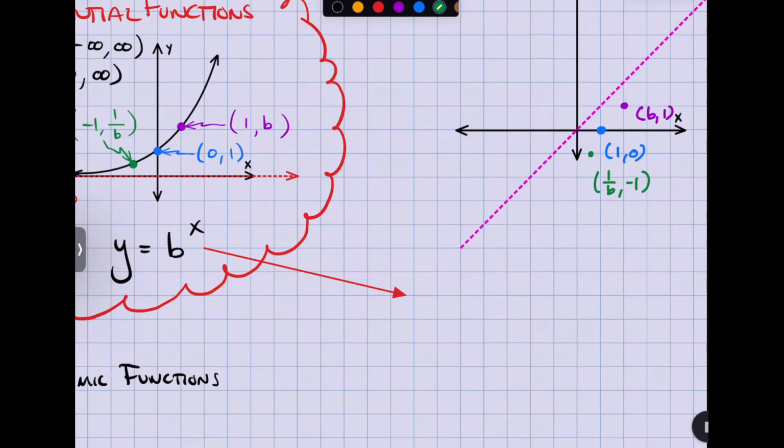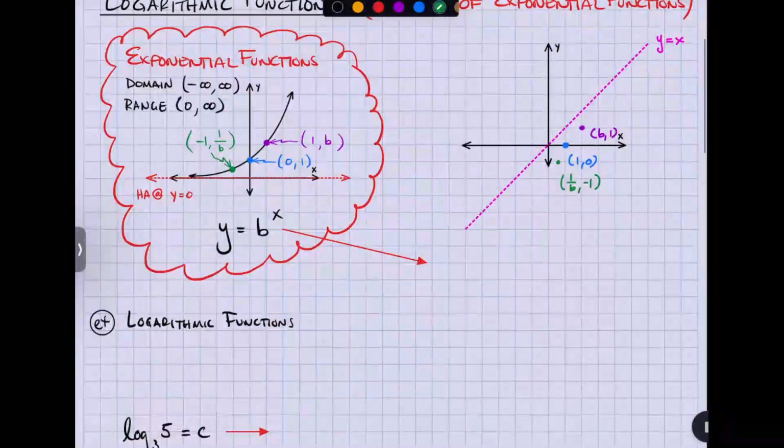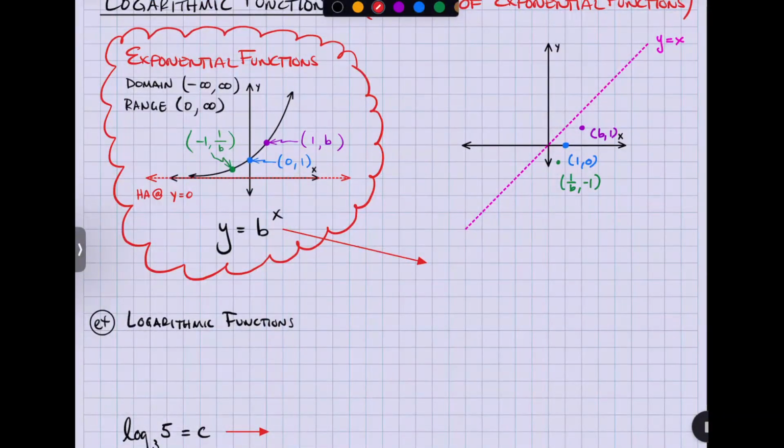What happens to my horizontal asymptote? What's that going to be now? It's not a horizontal asymptote anymore. It is a vertical asymptote.